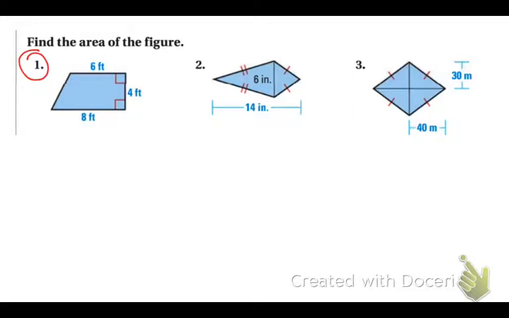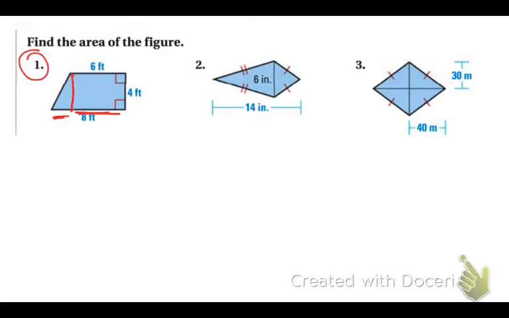So all we have to do is do a little divide here. Think divide and conquer. This divides the figure into a triangle and a rectangle, both of which you know the formulas for.